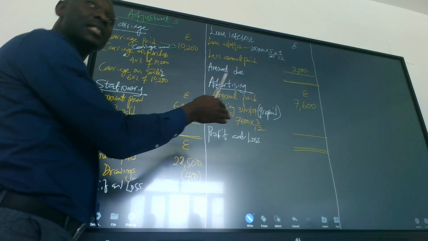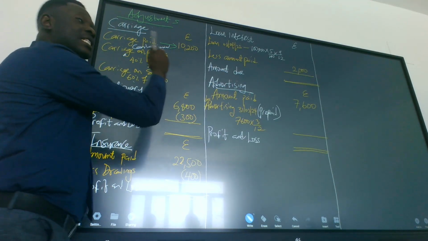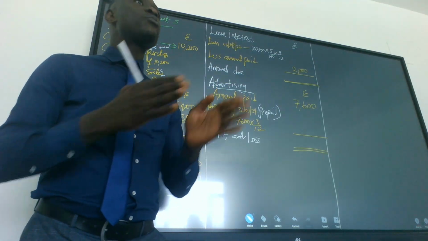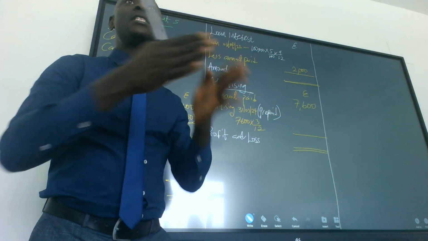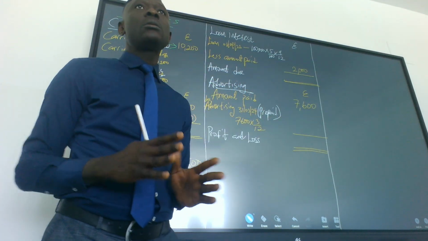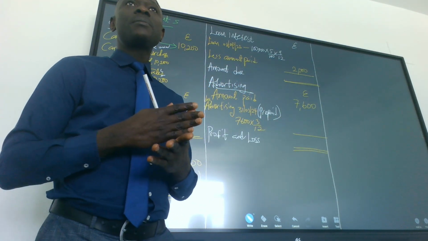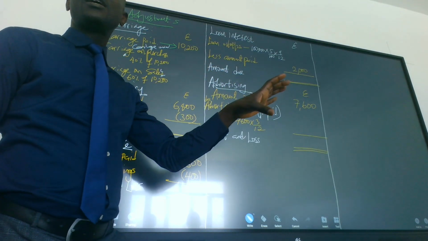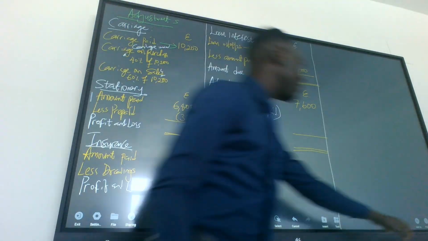And remember, when we were talking about carriage in the previous class, I said we can apportion it, divide it into carriage inward and carriage outward. Yes or no? Yes, I said that in the previous class. So carriage has to be apportioned according to the information we have.